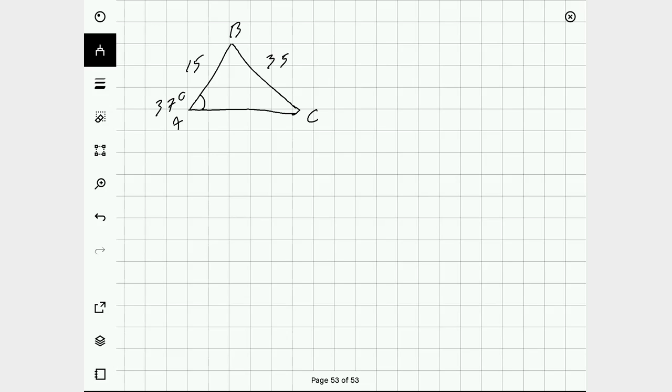This is again an SSA triangle. I've just moved the angle to the other side of the triangle. So we have angle A at 37 degrees. Angles B and C are unknown. Side c is 15, side a is 35. We want to know the two other angles as well as this third side down here.